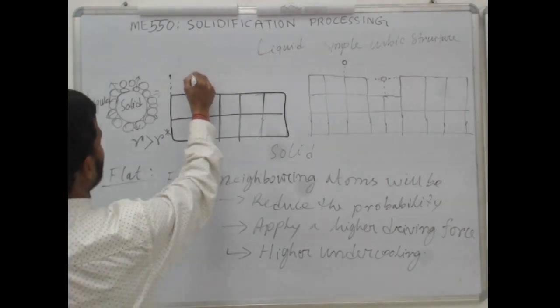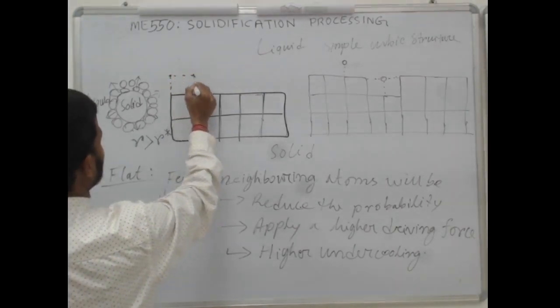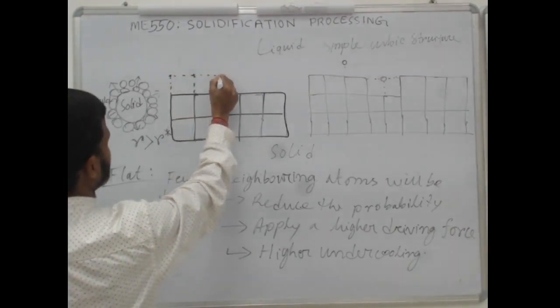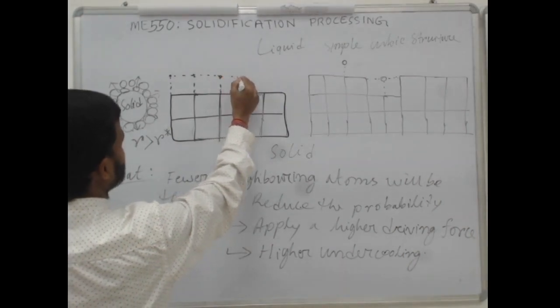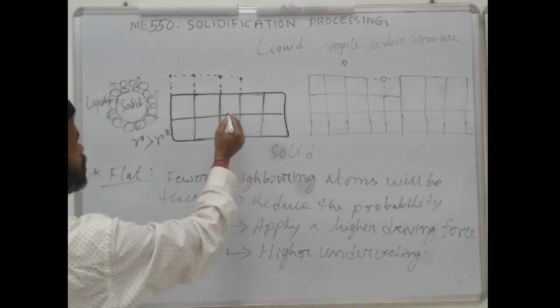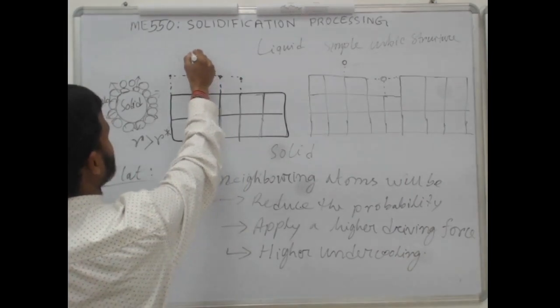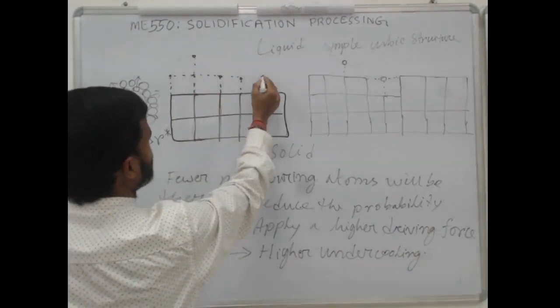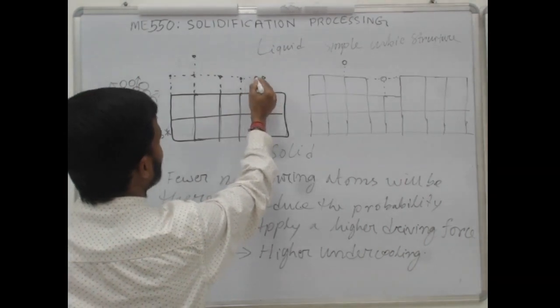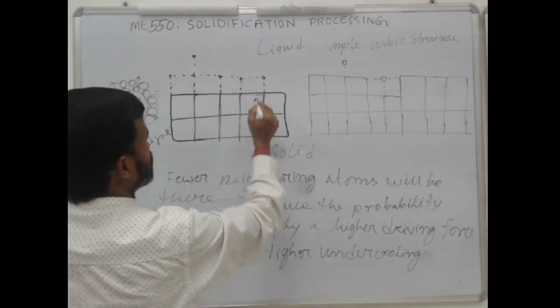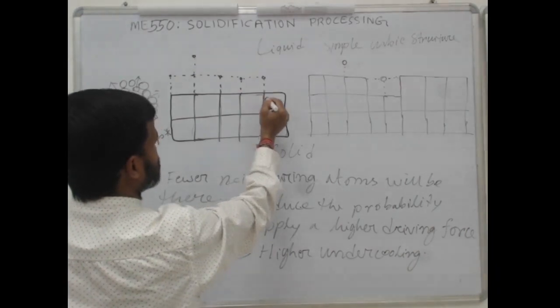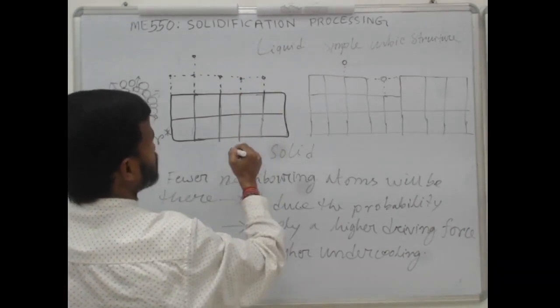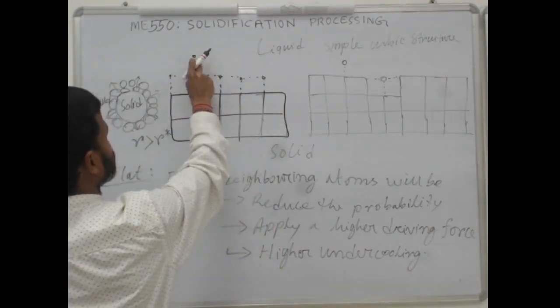Then another atom will come here, another atom will come here, another atom will come here. Now the next atom will not go here because here the probability will be less. You have one neighbor. But if an atom comes here, it will have two neighboring atoms. So here the probability will be higher than this location.